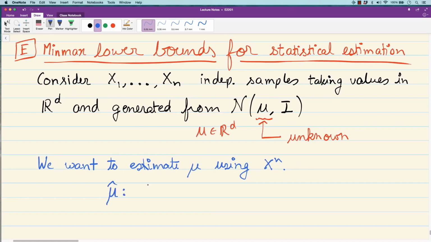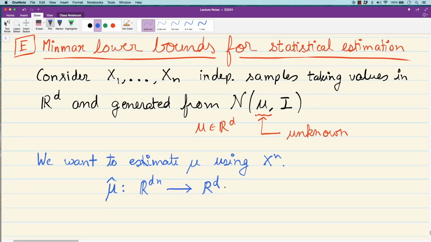This mu hat looks at your samples. The samples are all d-dimensional and you look at n of them. So this is the input of this estimator. And the output of this estimator is this vector mu hat, which is again d-dimensional. And we use the mean square error criterion. How good your estimate is will be determined by the mean square error criterion.